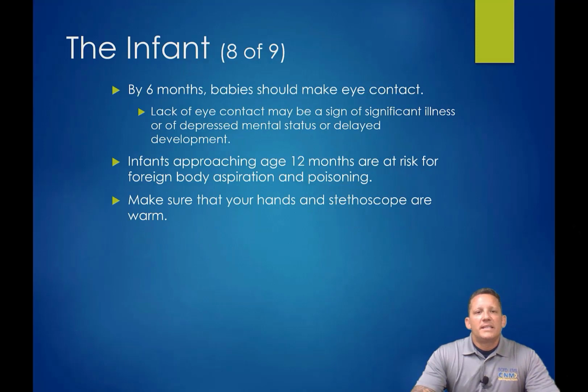So as this slide says, by 6 months, babies should be able to make eye contact with you when you're trying to do that. Again, if they're lacking eye contact, that can be some kind of significant illness, or what we would call a malaise. And infants approaching right around the year mark are very much at risk for foreign body aspiration.